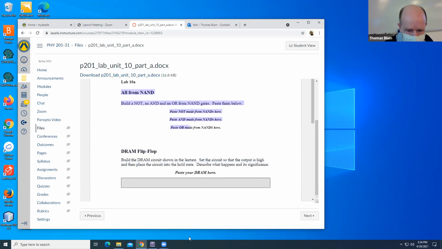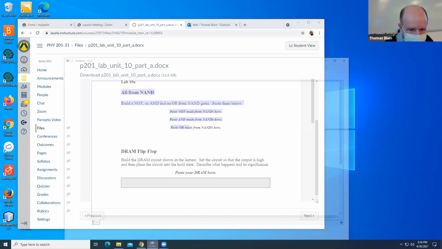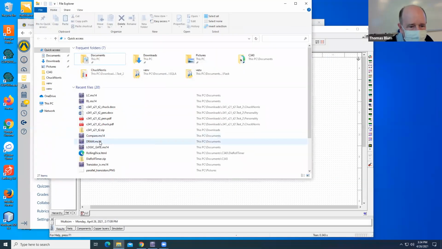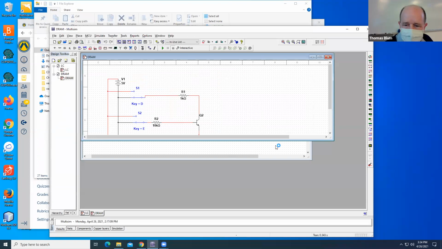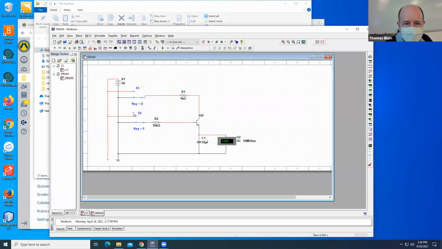So the DRAM, okay, was this circuit, which had 2 inputs, 2 resistors, a transistor, and a capacitor.